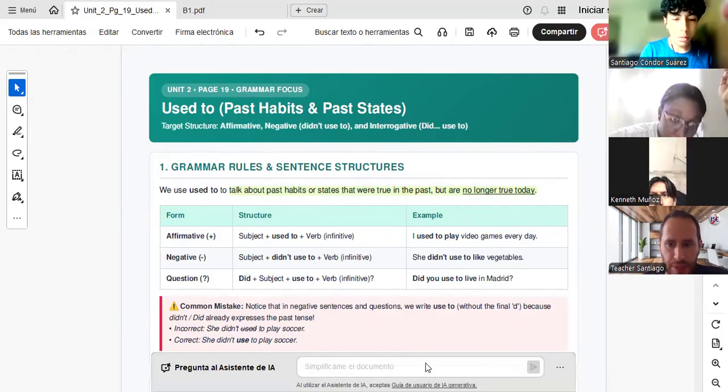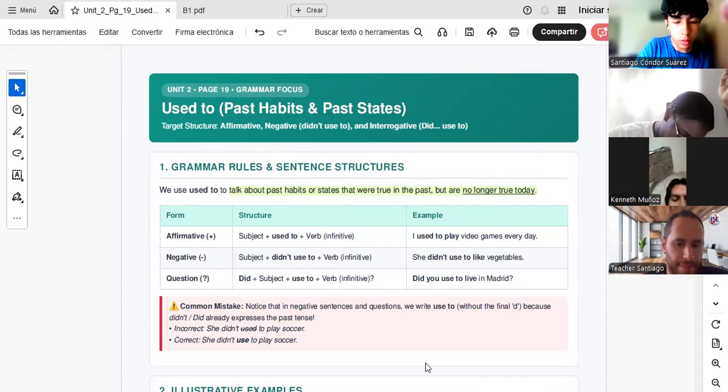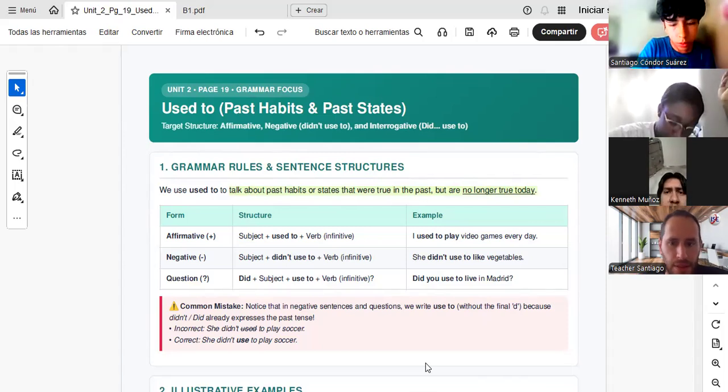And when you finish, let me know. How many sentences? No, just the three examples. Solo están tomando nota de la explicación y los ejemplos. Okay. No worries. We're not doing any exercises yet.